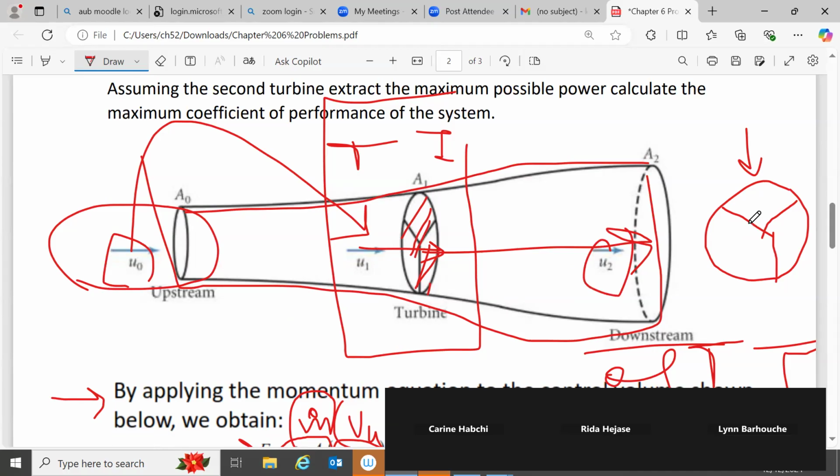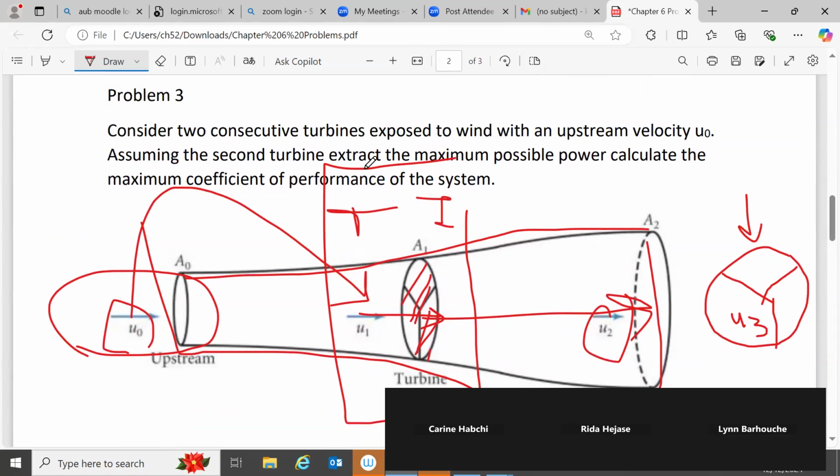Okay? But on the cross section of turbine 2, it will be 3. But what did they say? That turbine 2 is extracting maximum possible power. And we know what is the expression of P max for a certain turbine. P max, okay, is half times rho times the cross-sectional area of the turbine times upstream velocity of this turbine, U upstream, cube.